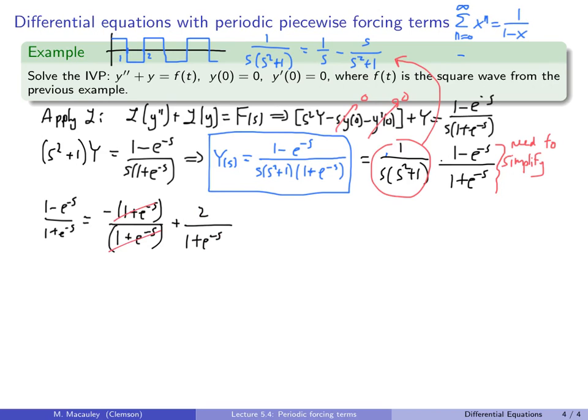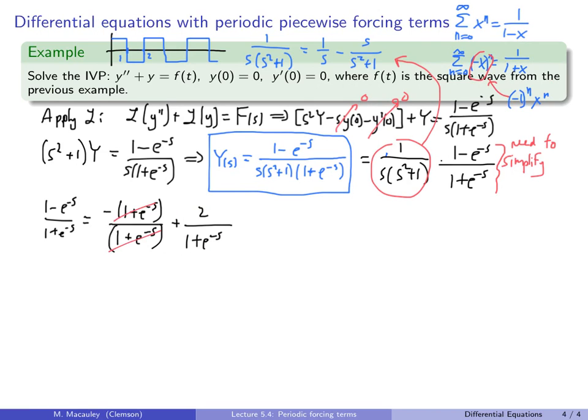I should also mention that if we have the infinite sum of negative x to the n, this is 1 over 1 plus x, because it's 1 over 1 minus negative x. And anytime you see a negative x to the n, you can always write this as negative 1 to the n times x to the n. I think you may have seen this form more when we studied alternating series in calculus. Anyways, this thing we can write as an infinite sum.